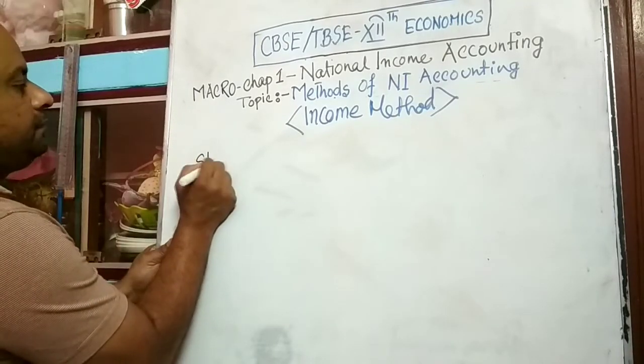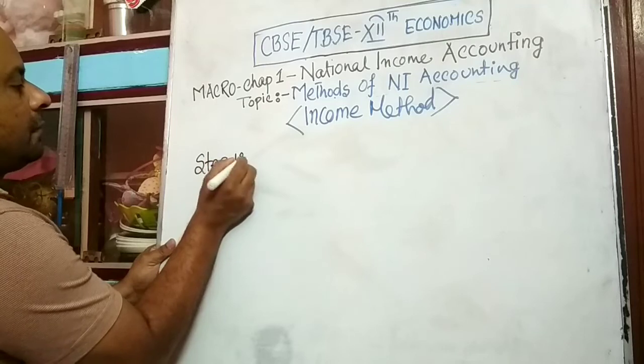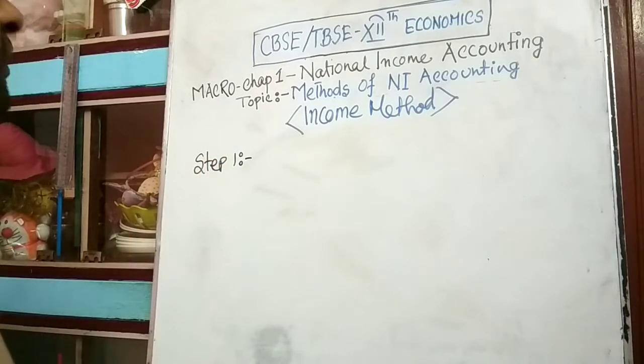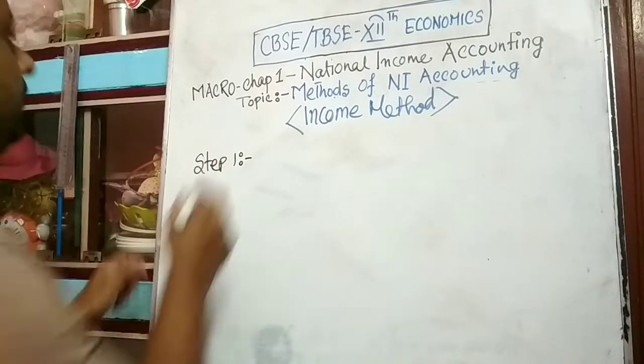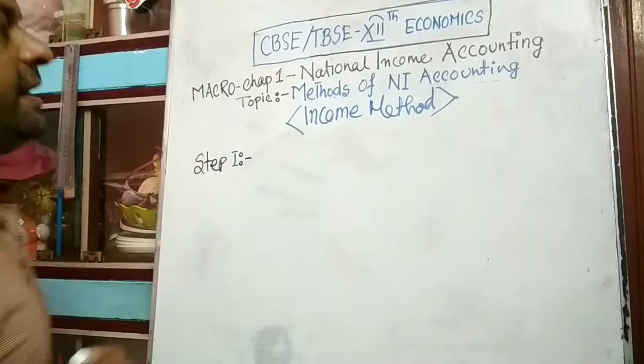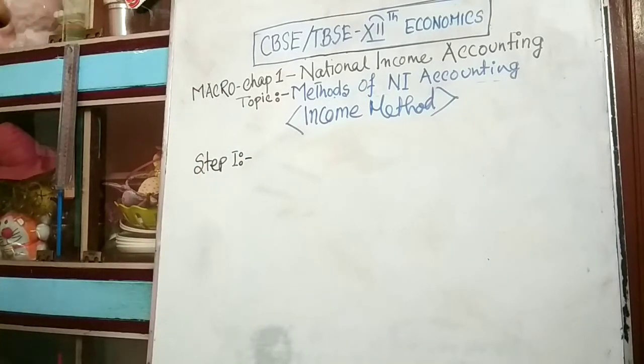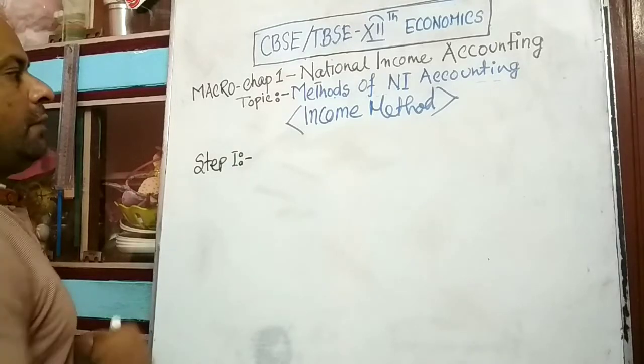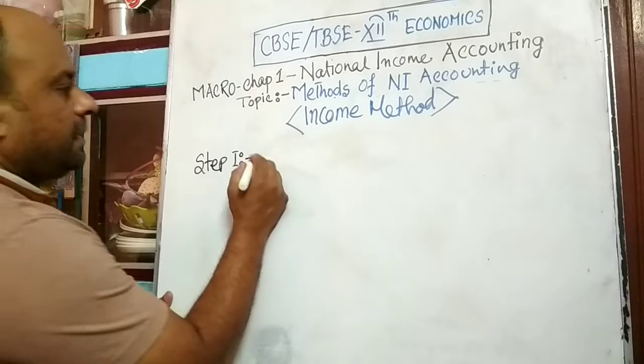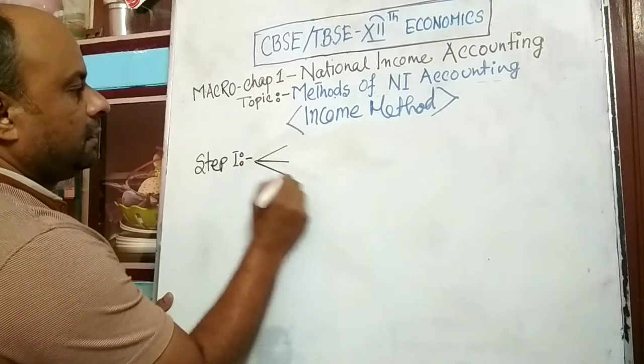Step 1. In step 1, we have to identify and classify all the sectors of the economy which provide factor income. Okay, from where do we get the factor income? Three sectors in the economy are there.